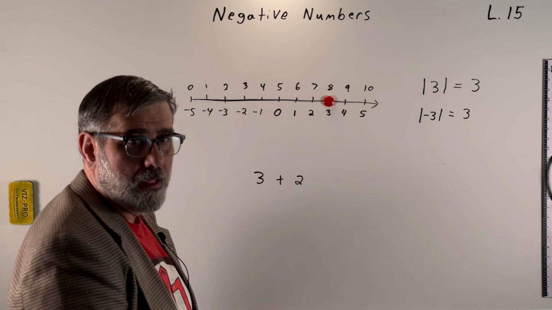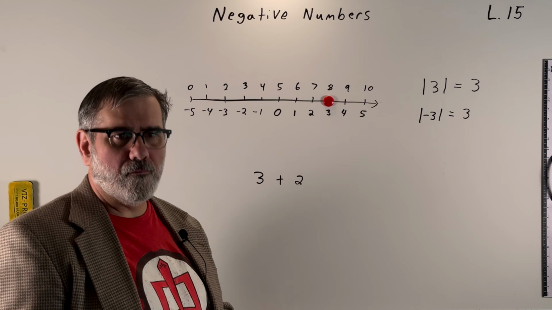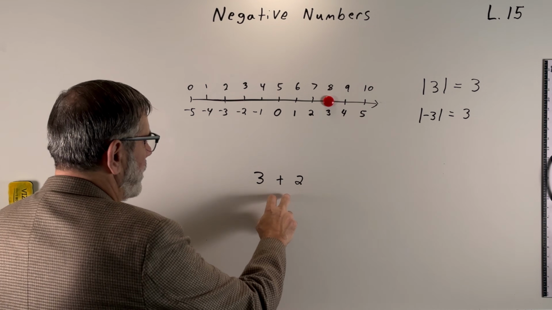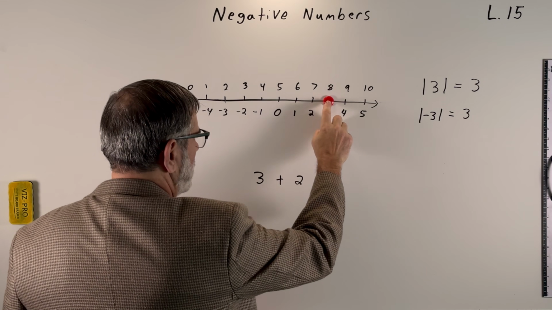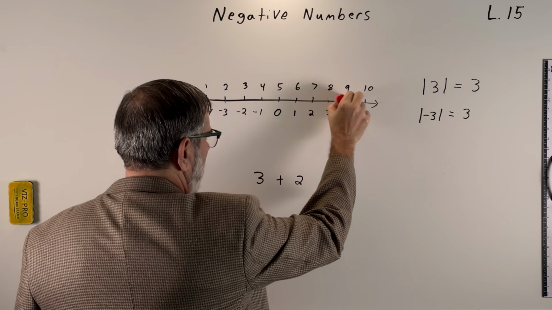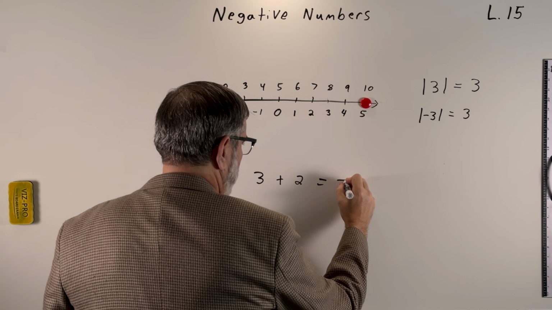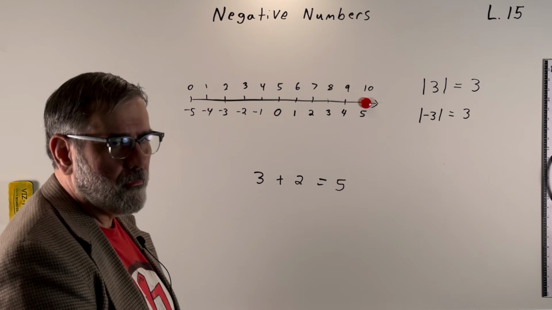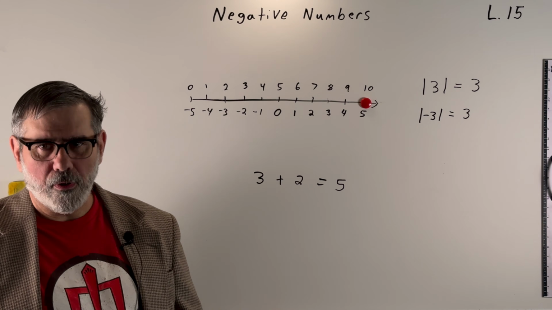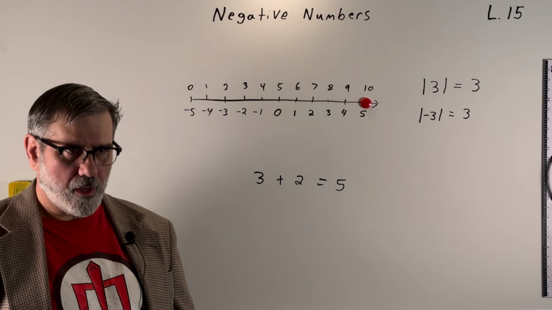That is the direction of increasing value, you see? So 3 plus 2 means start at the point 3 and move 2 units to the right. So if I do that, I go 1 unit, and then 2 units, and I find myself at 5. And so we can say that 3 plus 2 equals 5, which of course makes sense with what we already know about adding positive numbers, yes?